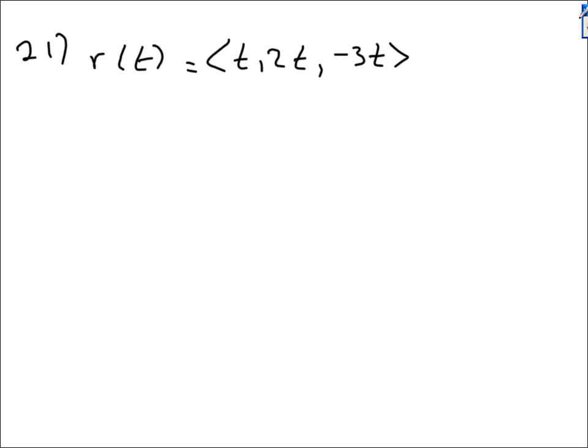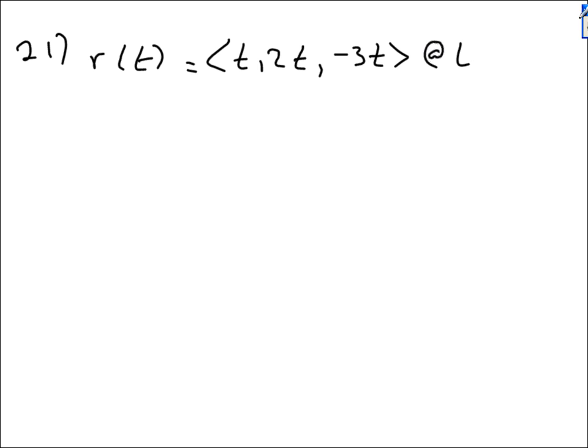Okay, a few more problems. They tell us that R of t is t, 2t, negative 3t.